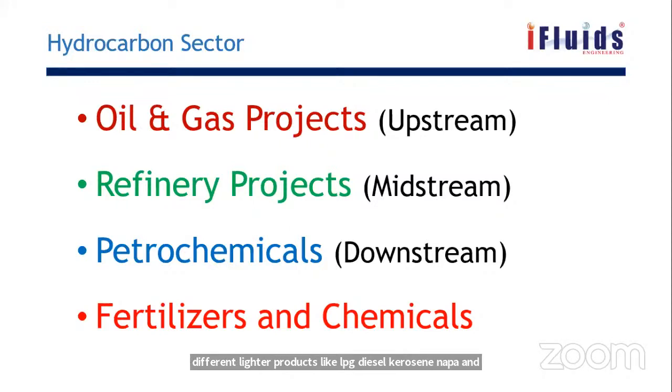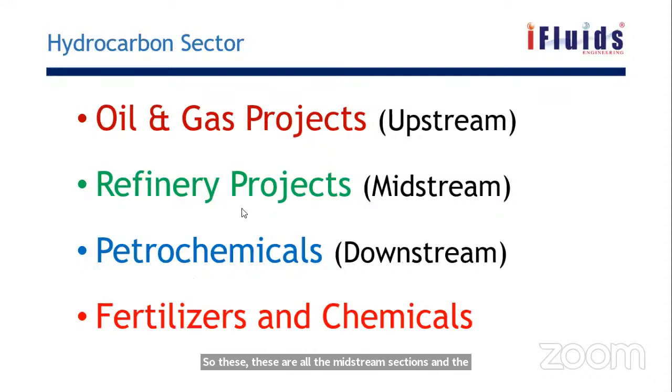These products will be further processed to make value-added products for the petrochemical units, and the heavier fractions from the crude oil will again be further processed to make lighter value-added products. So these are all the midstream sections, and the petrochemical is the downstream section.